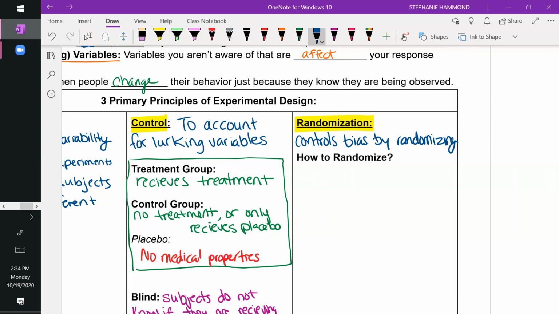So how can we randomize in an observational study or an experiment? We randomize in two different ways usually.